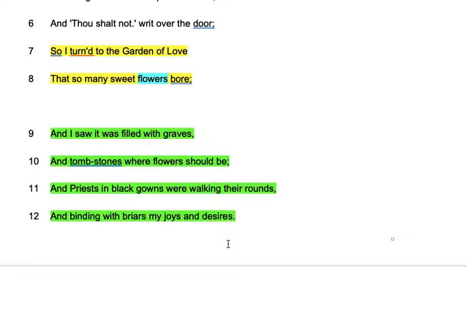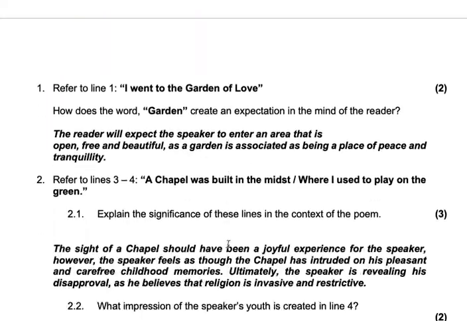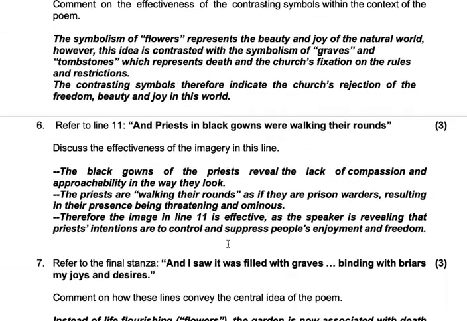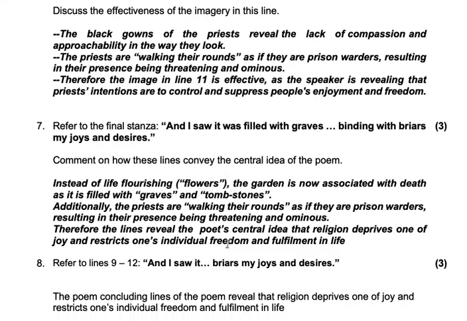And a stanza is a paragraph in poetry. And I saw it was filled with graves and tombstones where flowers should be, and priests in black gowns were walking their rounds and binding with briars my joys and desires. Okay, cool. Now let's go back to our question, number 7, I believe. Comment how these lines convey the central idea of the poem.